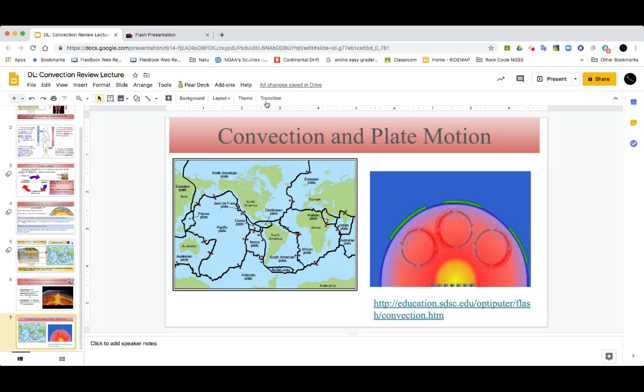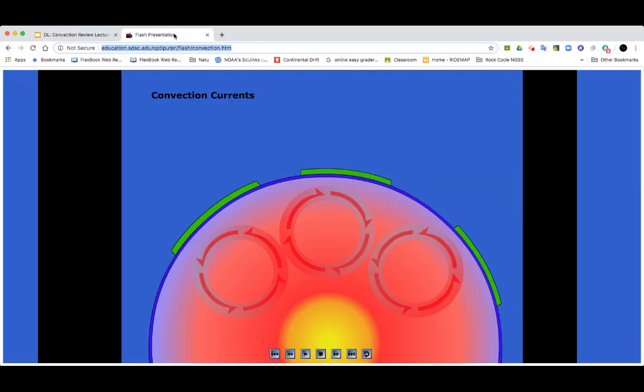This animation that I'm going to show you right now gives you a nice visual of convection in the asthenosphere, that up and down and all around motion, and these green tectonic plates sitting on top of the asthenosphere, which would be the lithospheric plates. All right, if convection is flowing and the lithosphere sits on top, well, it causes the lithosphere to move.